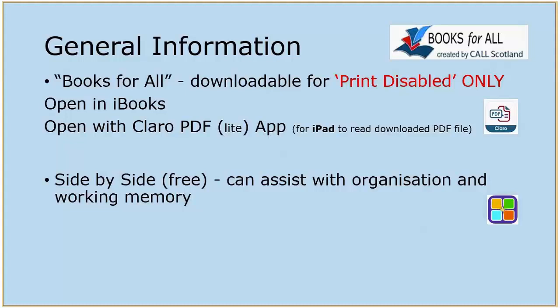These include curricular materials such as Heinemann Maths and novels such as Private Peaceful. Books can be downloaded for a print disabled pupil only. Via Safari, log into Books for All using a teacher's Glow details. Note, only teachers can download these books for their students.